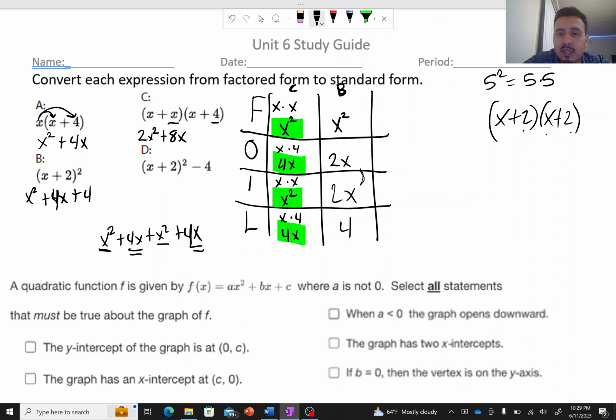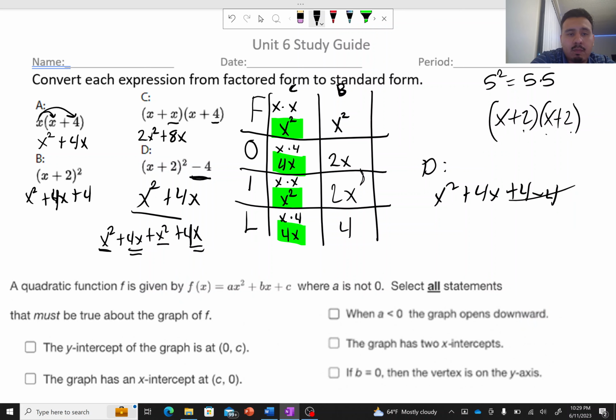If I got x squared plus 4x plus 4, now all I have to do is take this minus 4 and add it onto it. The 4's get canceled out, and I end up with x squared plus 4x. And these are my answers, okay? We are done with this video. I will see you in the next one.